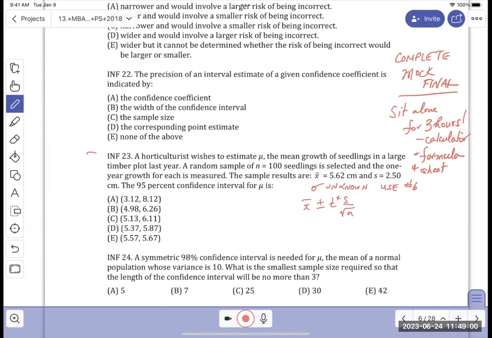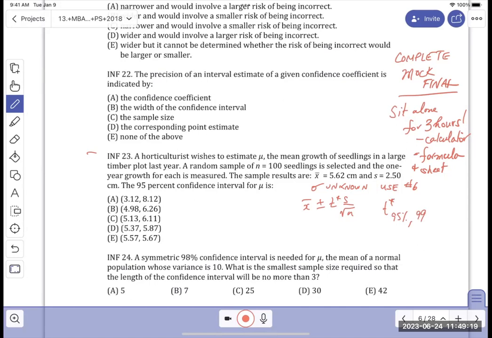Okay. Can you try that? So you need t star for 95% and a degrees of freedom of 99.